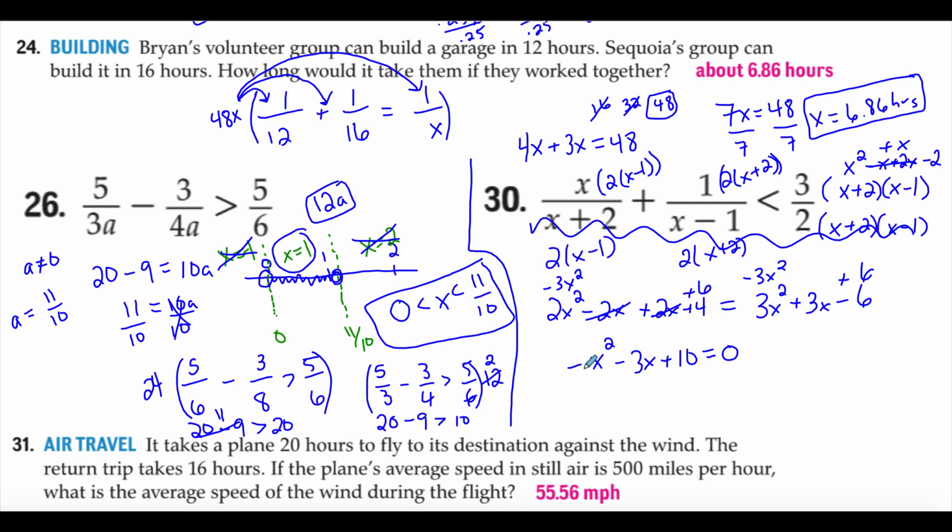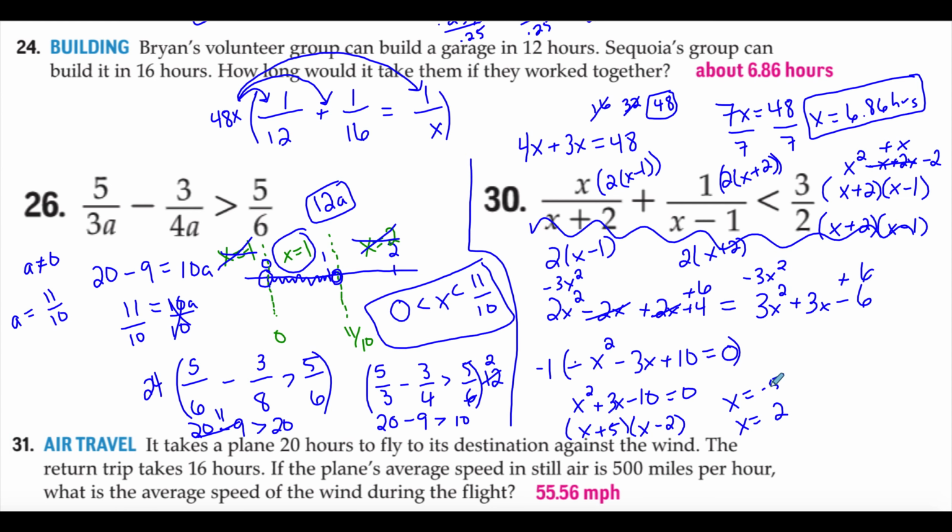Remember, you don't want to have a negative x squared, so we can multiply everything by a negative 1. And that'll change our signs. So we'll have x squared plus 3x minus 10 equals 0. And then we factor, we'll have x plus 5, x minus 2. So our answers are going to be x equals negative 5, x equals 2.